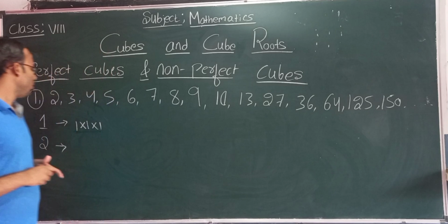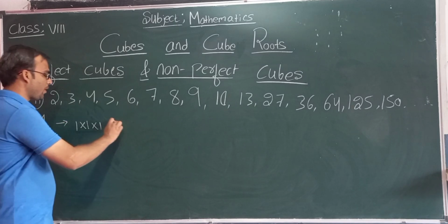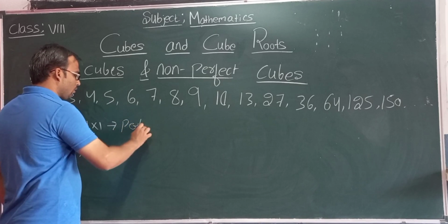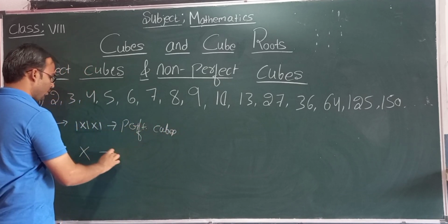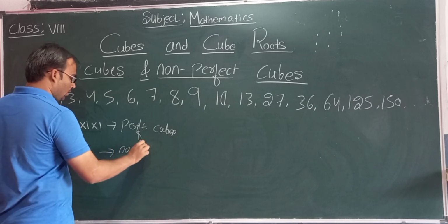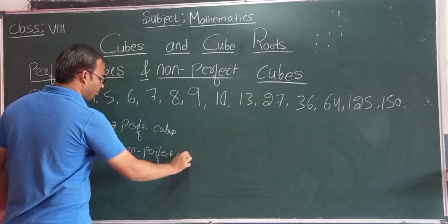No. Here there is no such number by which, if we multiply 3 times, we are getting 2. So here 2 is called a non-perfect cube. Now look here. This is our perfect cubes, and this is non-perfect cubes.